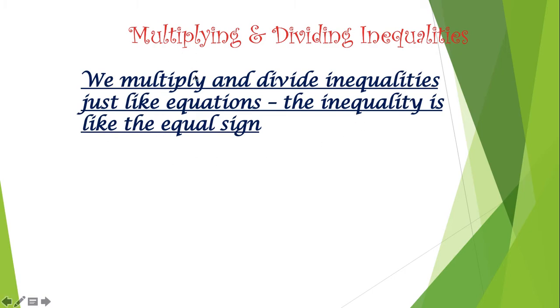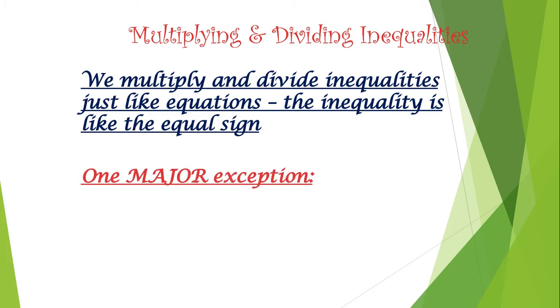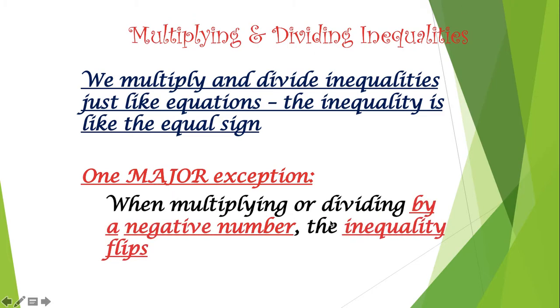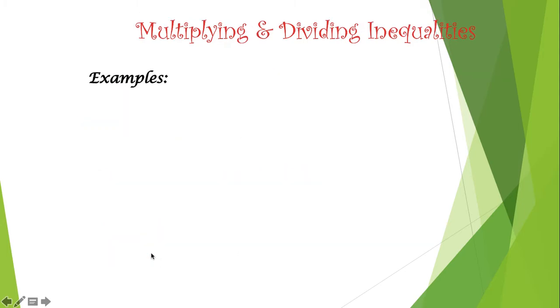Now comes the multiplying and dividing inequalities, the same way like how we did addition and subtraction. But one major exception is when we multiply or divide by a negative number, the inequality flips. For example, we have m divided by 14 is greater than negative 5. So we have a division given here. What is the opposite or inverse of division?